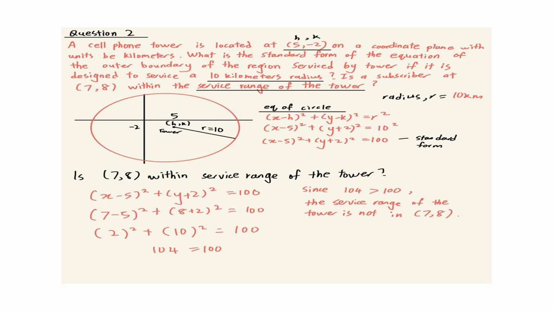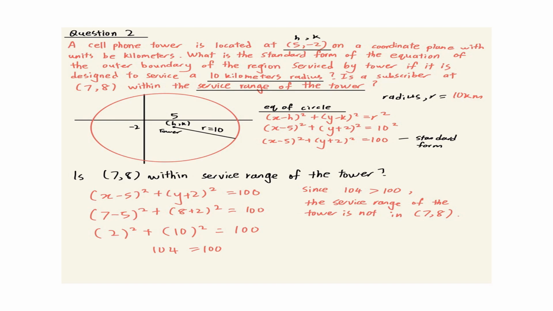Next, the cell phone tower is located at the coordinate (5, -2). 5 and -2 are represented as h and k. Thus, we get (x minus 5) squared plus (y plus 2) squared equals 100.